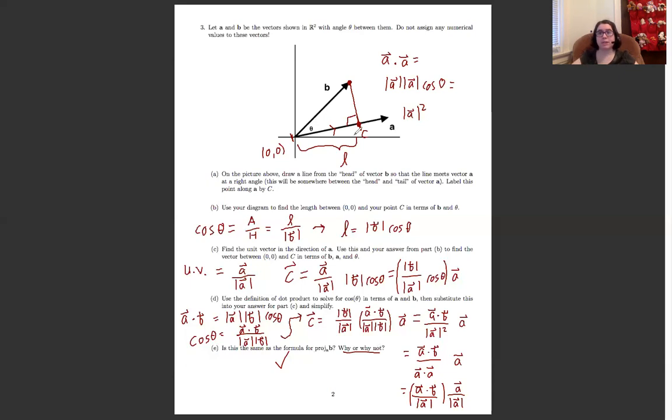And so if you see a question that's asking you for the projection and you're having trouble visualizing it, think about casting the shadow, think about finding that leg of the right triangle. Think about how much the vector B goes in the direction of vector A. Incidentally, that is what this is asking for. If I see projection of B onto A, that's how I want to be reading it.